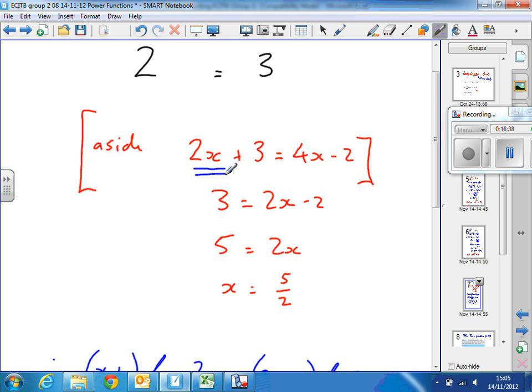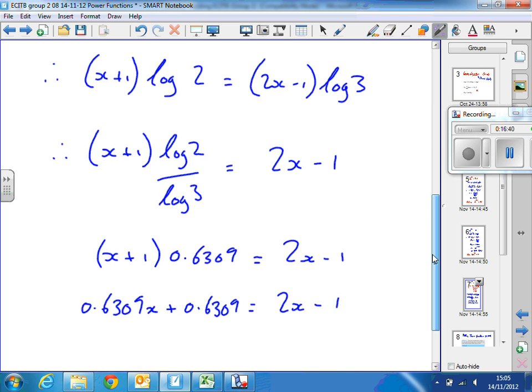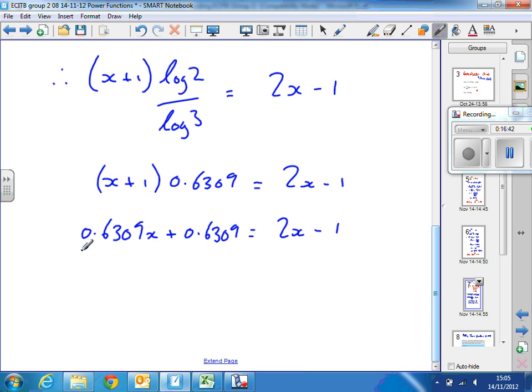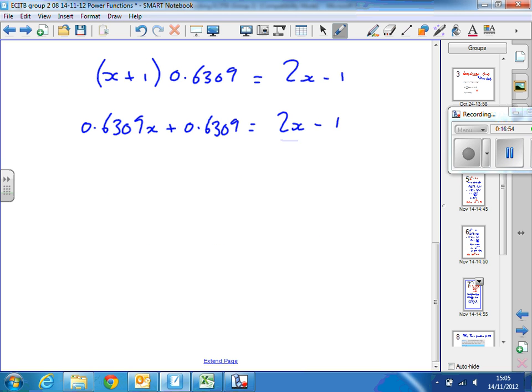So if we go to here, I've got 0.6309x this side and 2x this side. So subtract 0.6309x from both sides, which will leave me 0.6309 on the left equals, what's 2 take away 0.6309? So it equals 1.3691 lots of x minus 1.